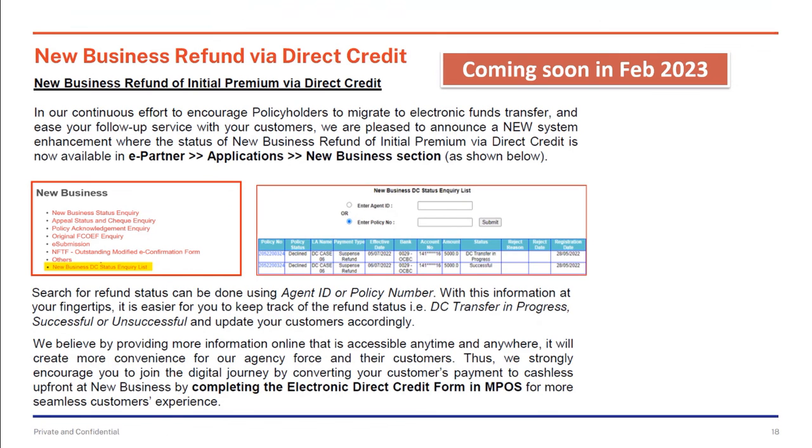It means the direct credit account is mandatory in the mPost, so before you do the case submission, you have to key in the customer's account first. So maybe you can try it now, to make it convenient, before we make an announcement next year.